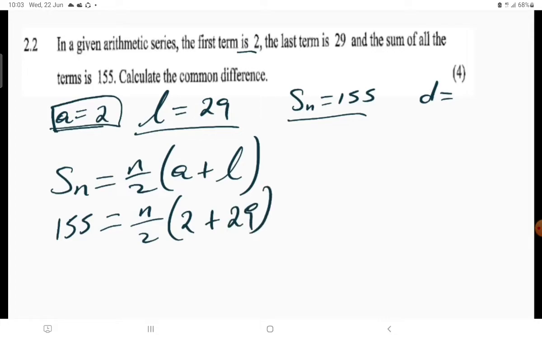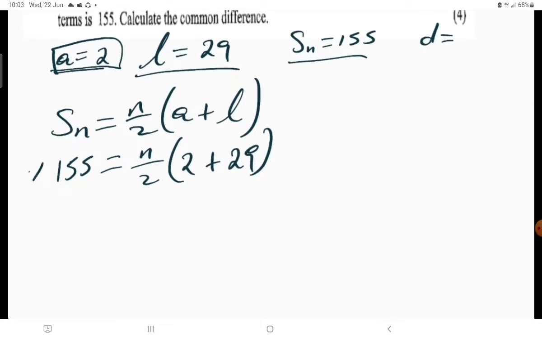Then we solve: multiply by 2, therefore 155 times 2 is going to be 310. So 310 is equal to n times 31, because 2 plus 29 is 31.